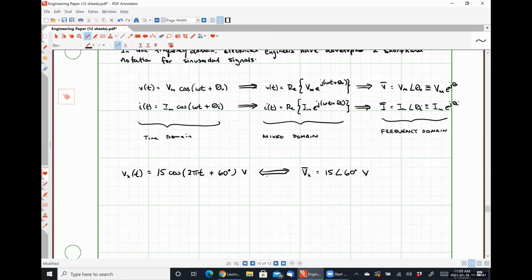And we can go back and forth, right? So if we have a phasor domain number and we know the frequency, we can absolutely go back to the time domain sinusoidal representation.